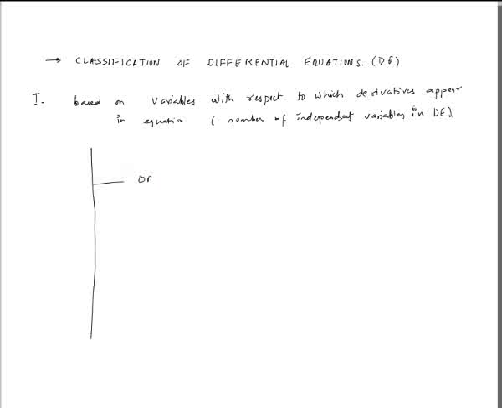First is the ordinary differential equation, where you have only one independent variable, either x or t most of the time. And then you have the partial differential equations. Ordinary differential equations are called ODEs and partial differential equations are called PDEs.